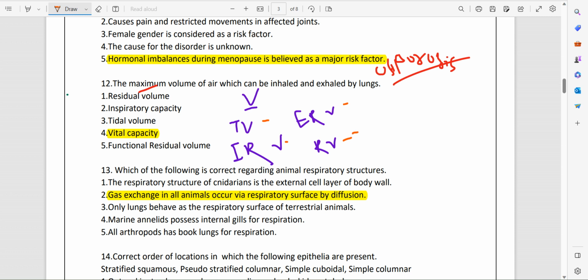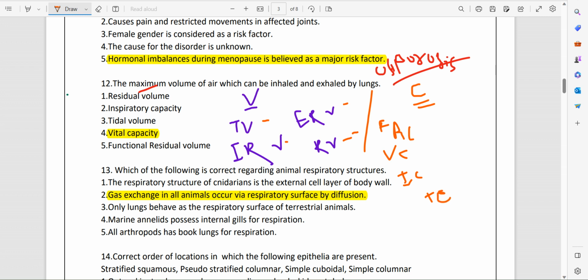So that's the residual volume. When we combine one or more of these volumes, we get lung capacities. So we have mainly 4: functional residual capacity, vital capacity, inspiratory capacity, and total lung capacity. You have to remember the equations of them.